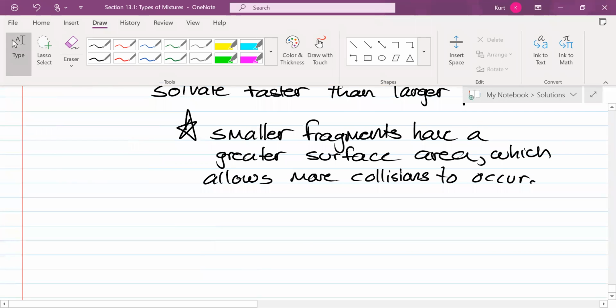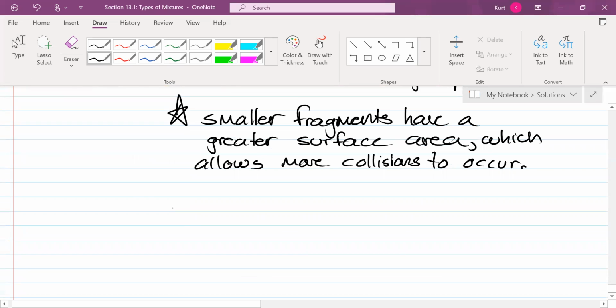Okay, now I want to give you guys a visual here to really help you understand how smaller pieces have a greater surface area. Imagine this. I have one little grain. I can have collisions all around it. As opposed to this.